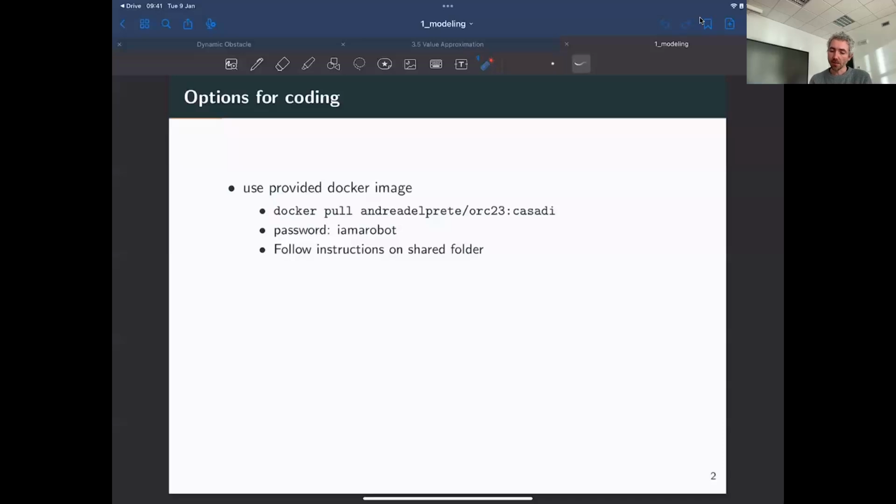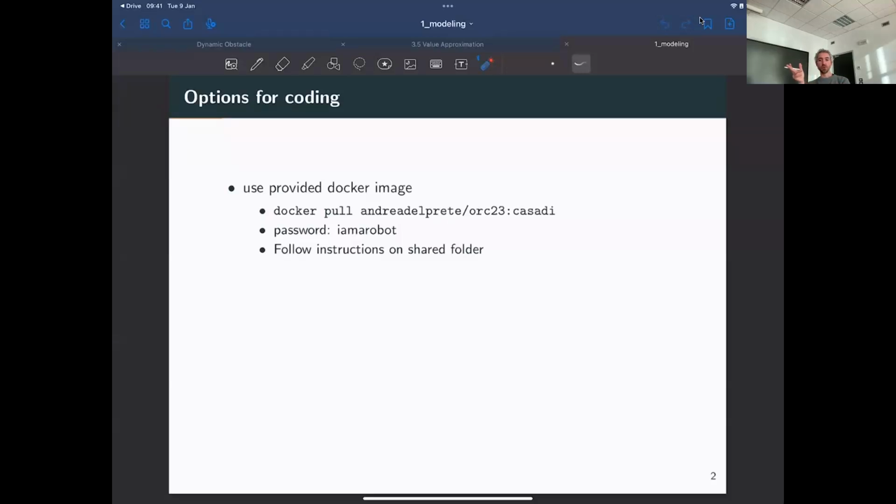So I prepared a Docker image, which you can find at this address. In case you don't know what Docker is, it's a virtualization tool that allows you to simulate a certain OS on your machine. So this is going to work regardless of your OS. I'm using it on Mac.